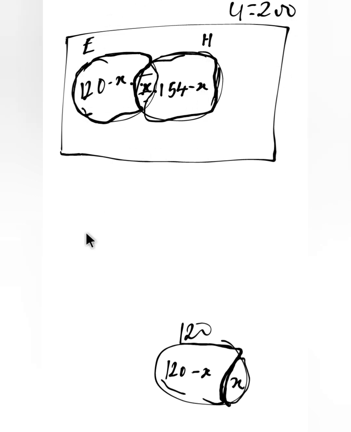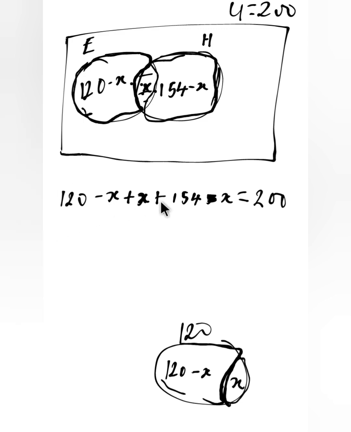We have an equation here. So it means that this one here, which is 120 minus X, plus the middle, which is plus X, plus this part of it, 154 minus X, will be equal to everything here. Everything is 200.